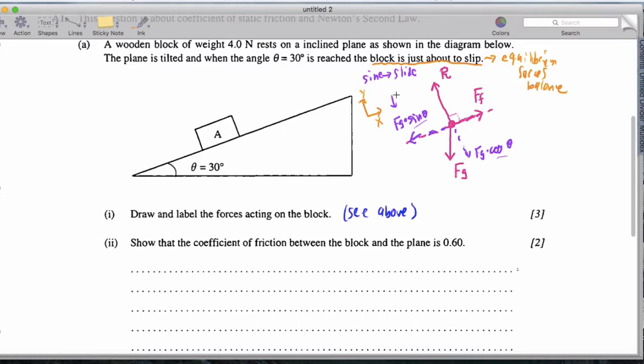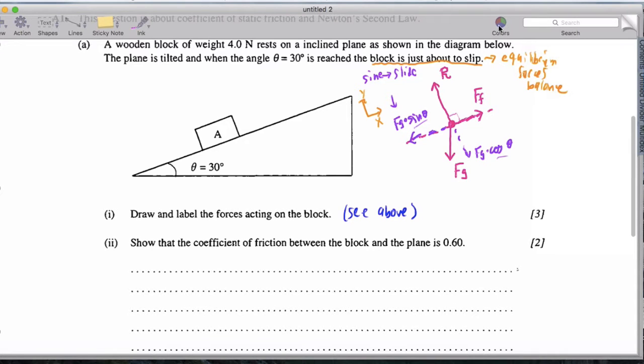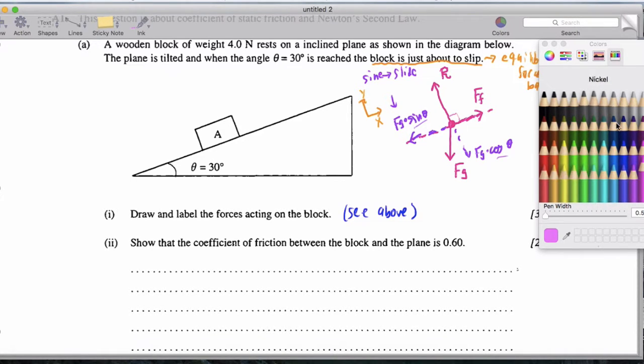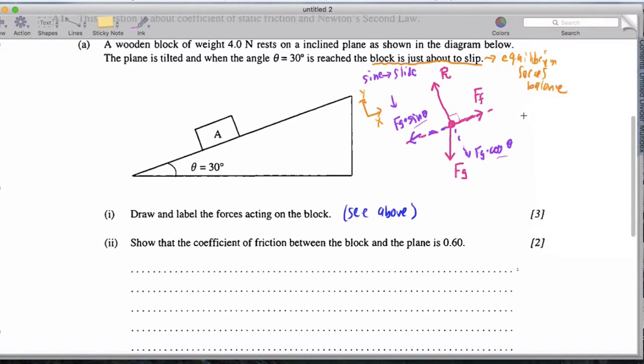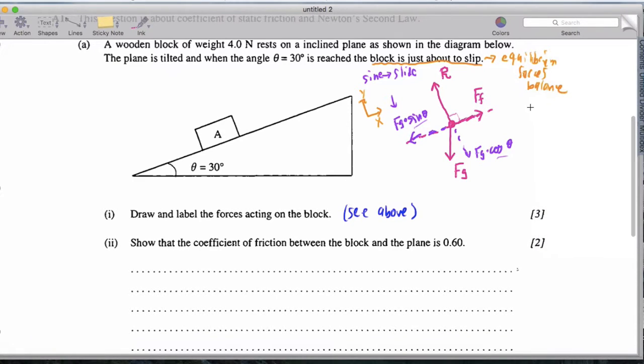Let's actually balance our forces. So this is another thing you want to get memorized, okay? If you are in equilibrium or not, let's write down the most general equations that we can. So for this inclined plane, you're going to end up getting that R minus Fg cos theta equals 0.